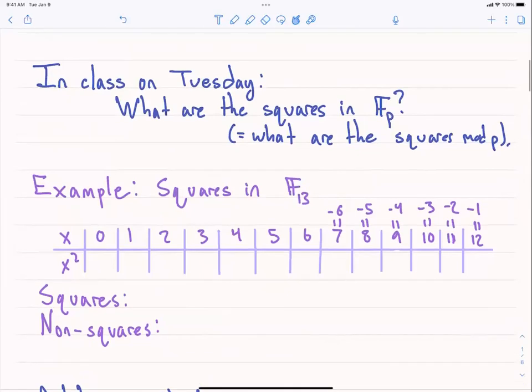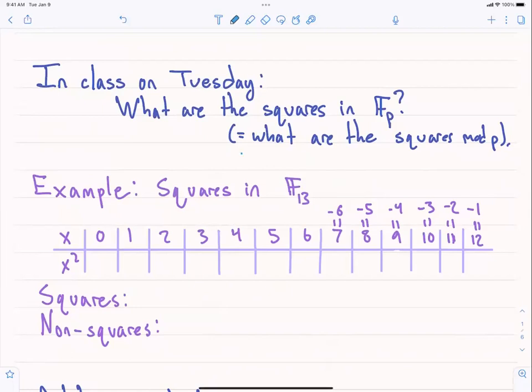So what were we doing in class on Tuesday? We're answering the question, what are the squares in F_p? So which elements of F_p can you get by squaring another element of F_p? That's really the same as asking what are the squares mod p.